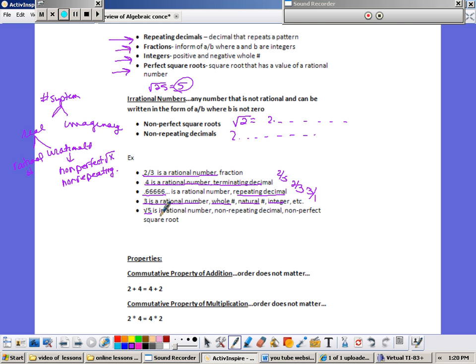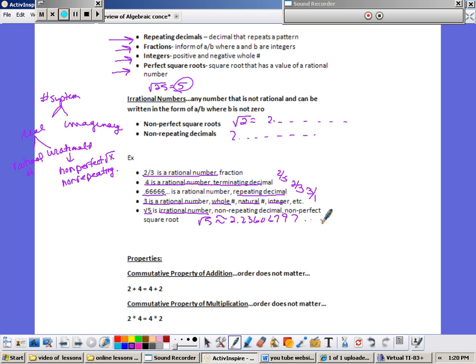Square root of 5 is an irrational number because it's a non-perfect square root and a non-repeating decimal. So if I do the square root of 5, my calculator gives me approximately 2.236066797, blah, blah, blah. So I see no repeating, and it doesn't stop. Just because it ends on the screen does not mean it stops.